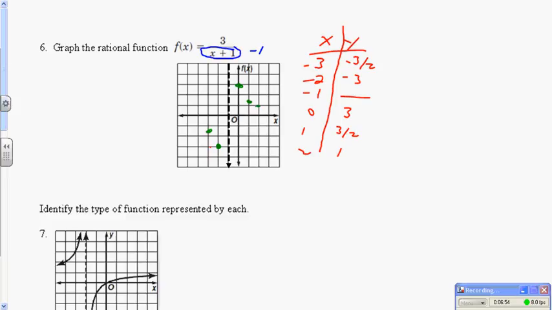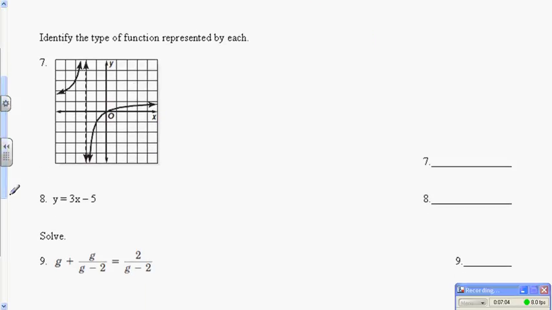At 2, it's 1. Okay, so we have this graph like that. All right, sorry about that. Okay, next one. What type of graph is this? This is a rational function. This one's a linear function.